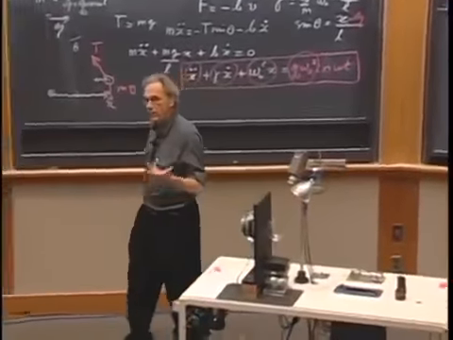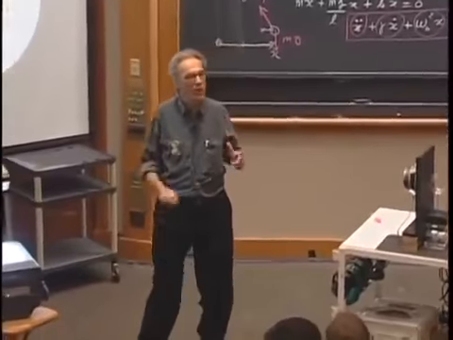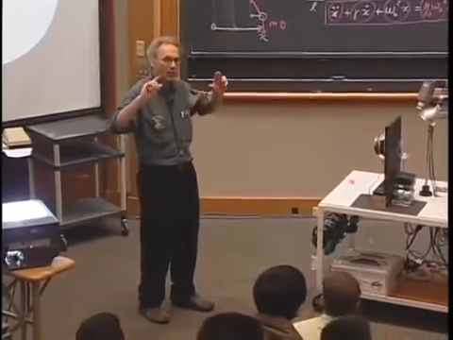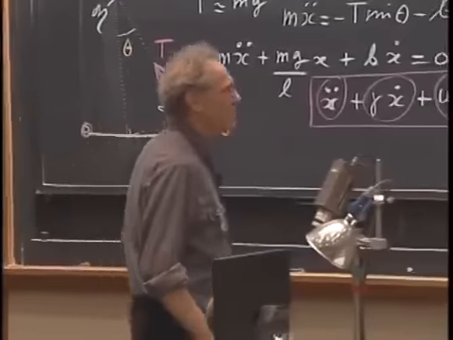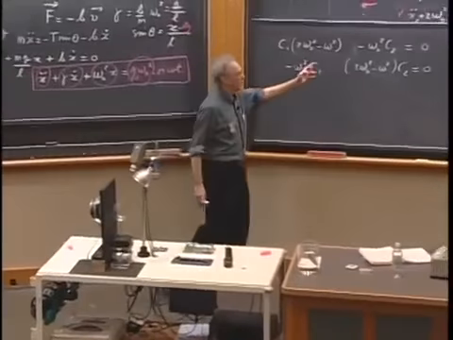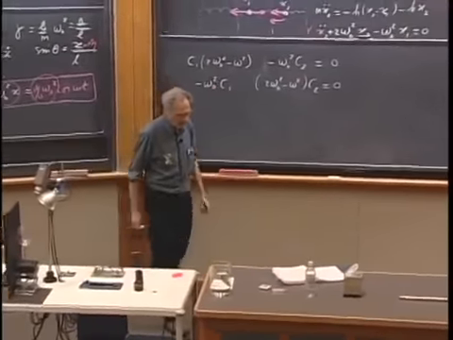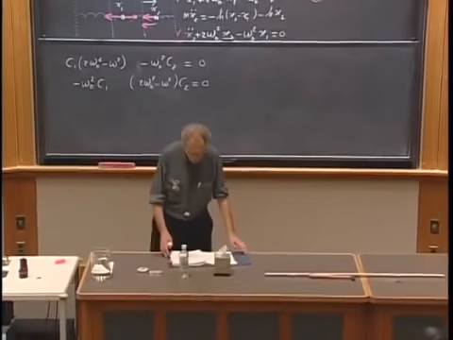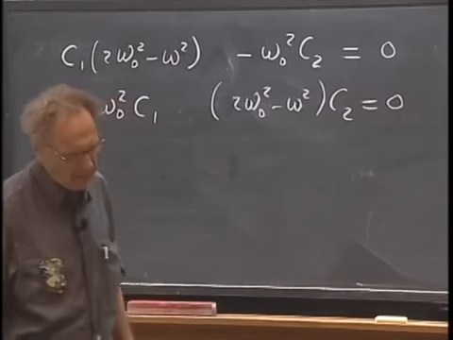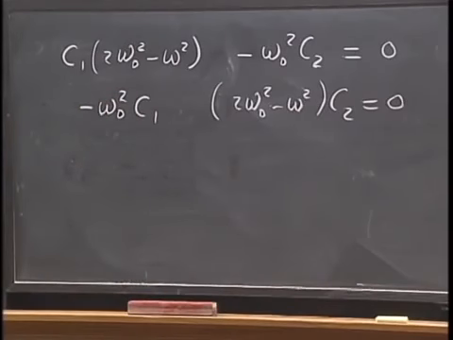But you can always find in the normal modes, without knowing anything else, what the ratios are of those amplitudes, c1 and c2. And you can always solve for omega, and you will see how that works. So with two equations and three unknowns, you can only solve for omega and for the ratio c1 over c2.